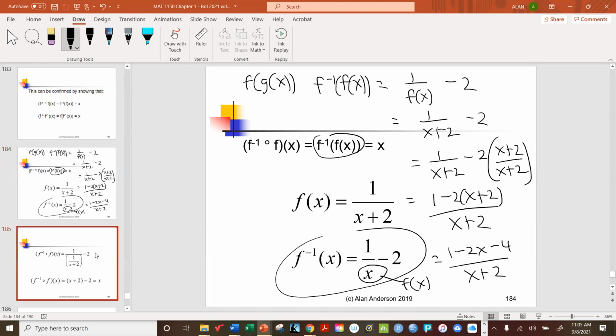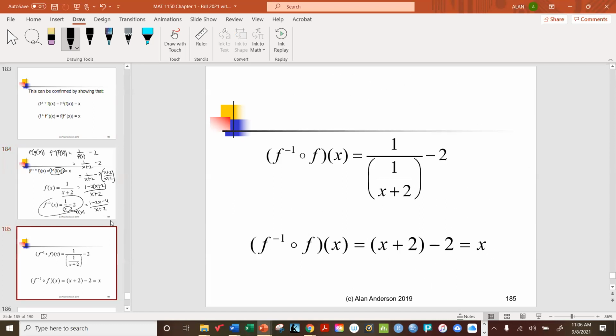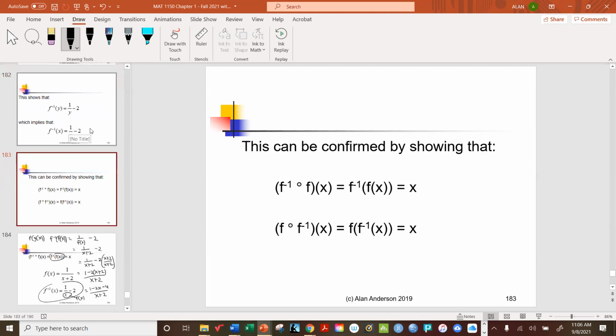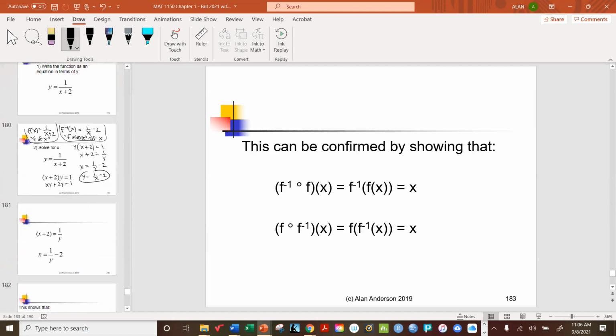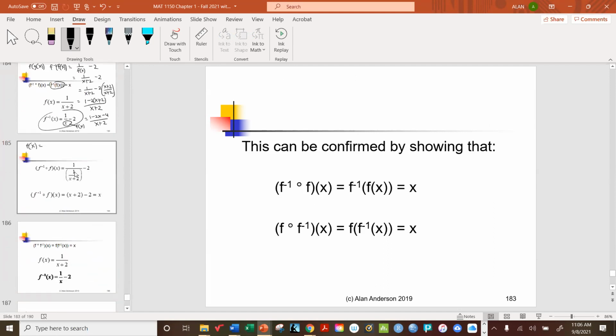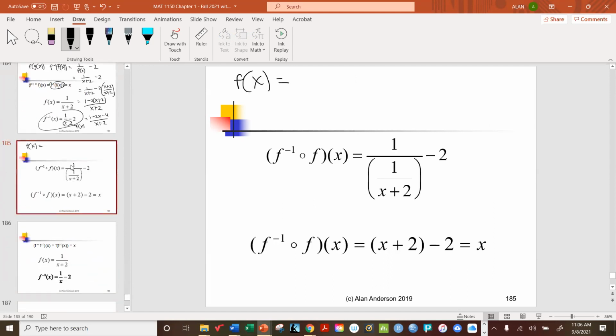F of x, it's all done right here. Let me just jump ahead to where I actually did it correctly down here. This is, remember, f of x is 1 over x plus 2. F inverse of x. Actually, you know what?